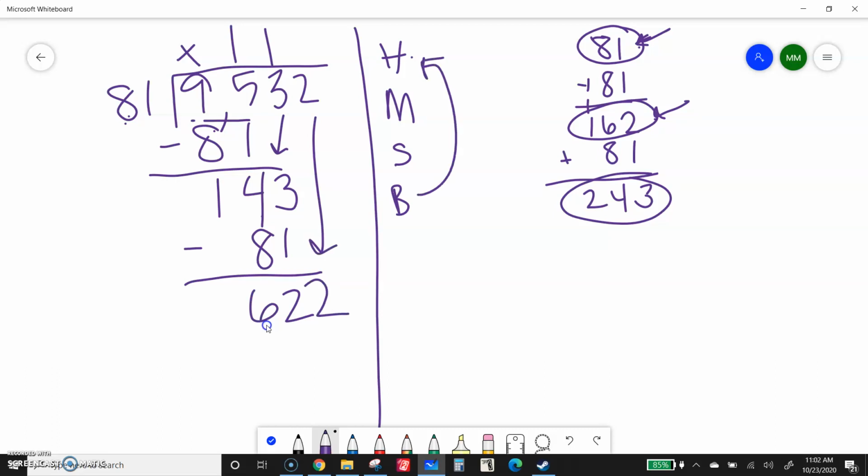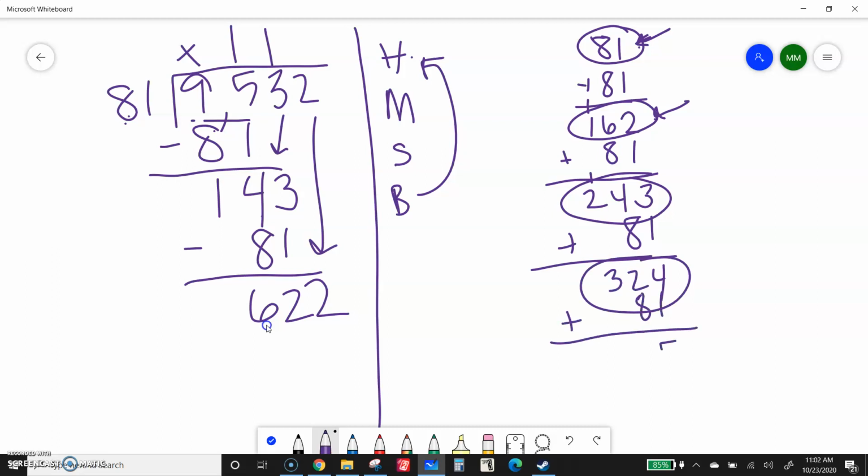Back up to the top. How many times does 81 go into 622? Well, I am not close enough. I need to keep on going. I'll do the adding way for this so you can remember what that looks like. Gotta keep going. 5, 10, 405. Okay, we're getting closer. We're at least in the 400s now. 6, 8.